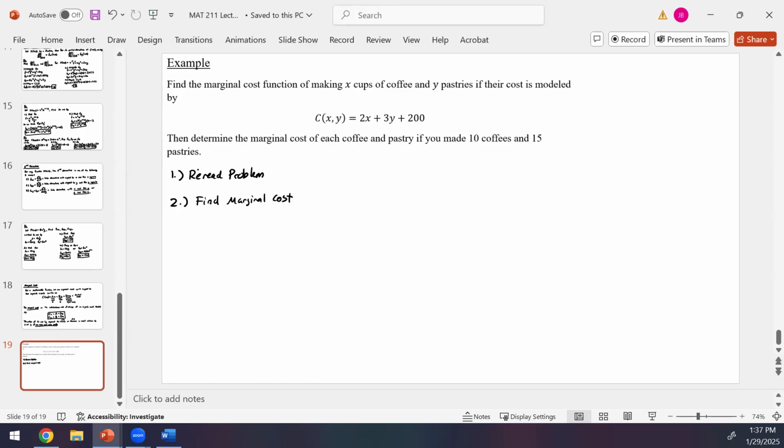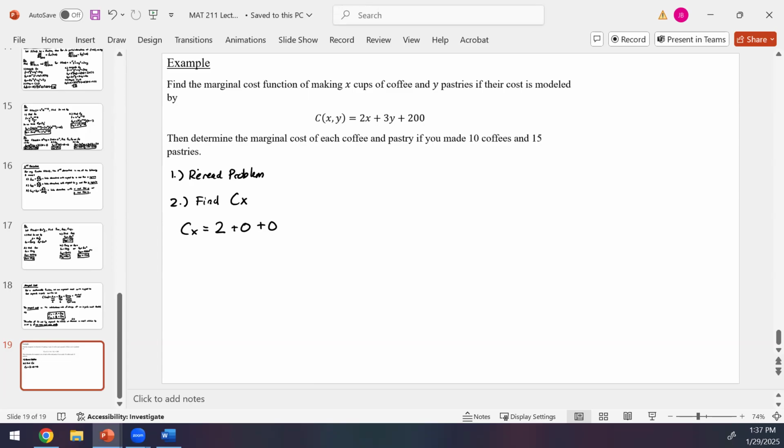So you're going to have to find two derivatives, Cx and Cy. I'm going to do them separately. So let's find Cx first. Cx, the marginal cost of x, which is coffee. And so Cx is going to be equal to 2 plus 0 plus 0.